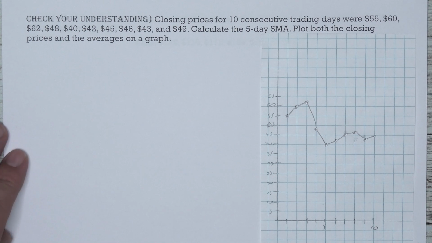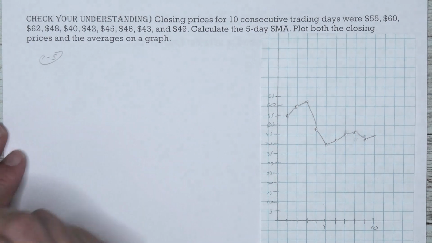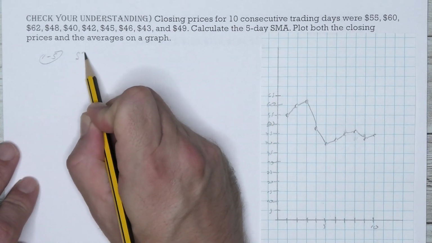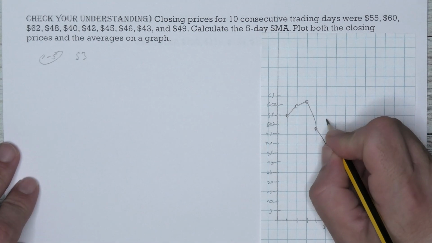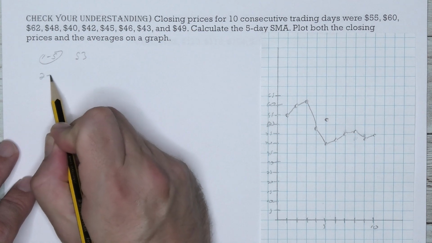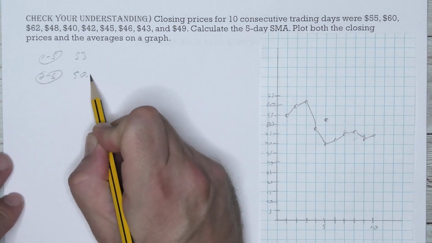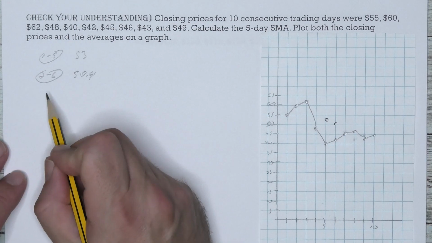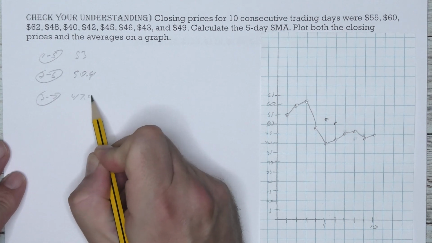Then we go find the SMA for days 1 through 5, and this will be plotted on day 5. This is going to give us 53. So on day 5, we found an average of 53. On day 2 through 6, we get 50.4.